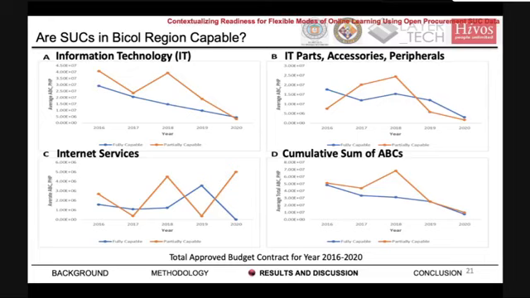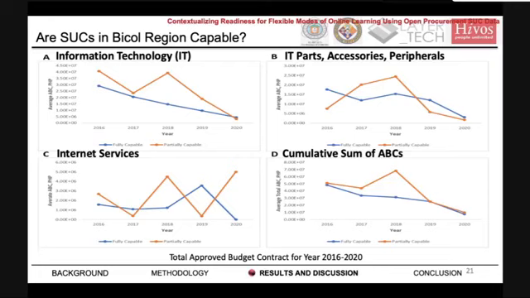And again, looking at the sum of ABCs in figure 6D, here in the lower right, it says cumulative sum of ABC. It is very surprising to see that those identified as partially capable SUCs, the orange line, have a higher total approved budget contract than those identified as fully capable SUCs.